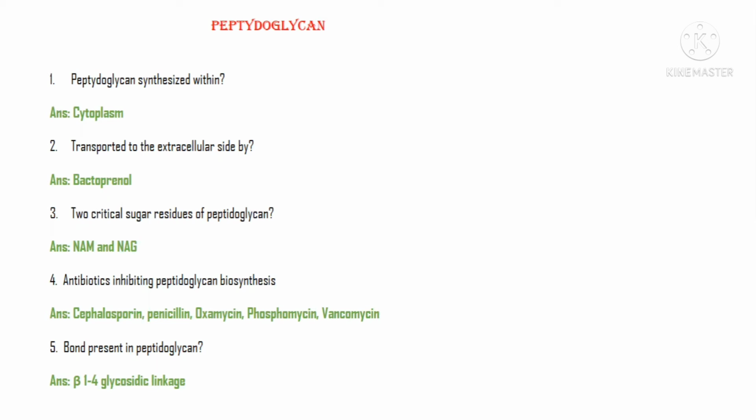If you know, for example, where peptidoglycan is synthesized, don't waste your time writing that question. Instead, if you don't know, then make a question out of it and write the answer below. Similarly, how is peptidoglycan transported to the extracellular site, which protein is involved? If you don't know that, immediately write that question and write the answer below.